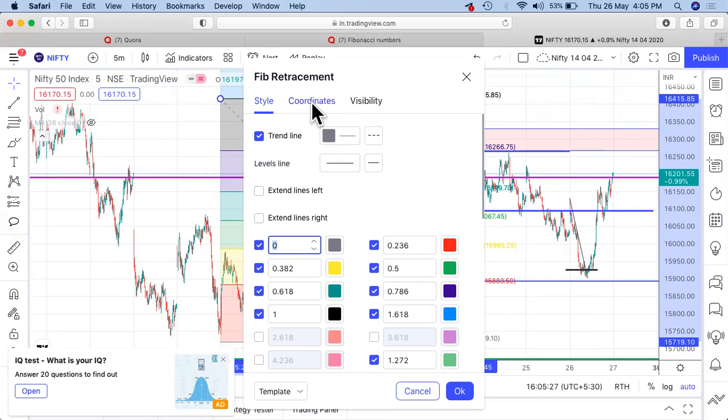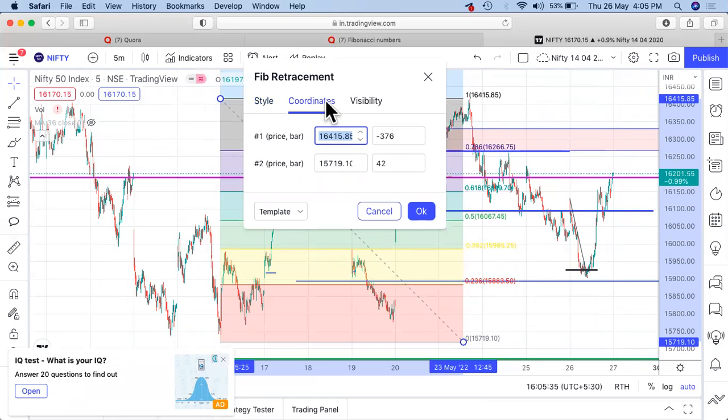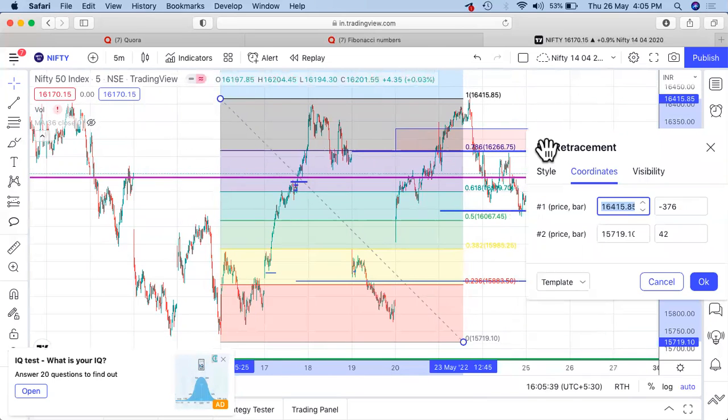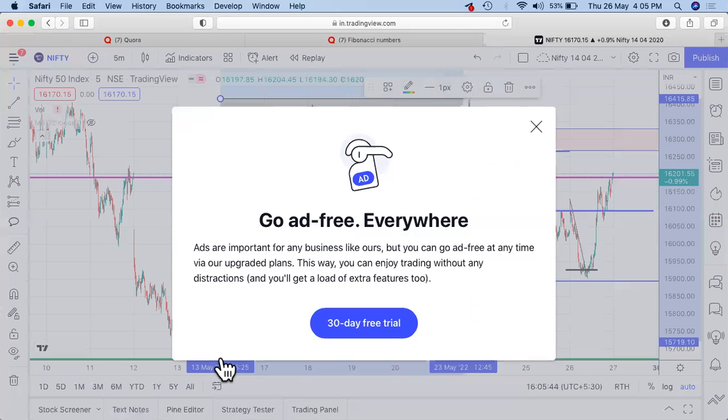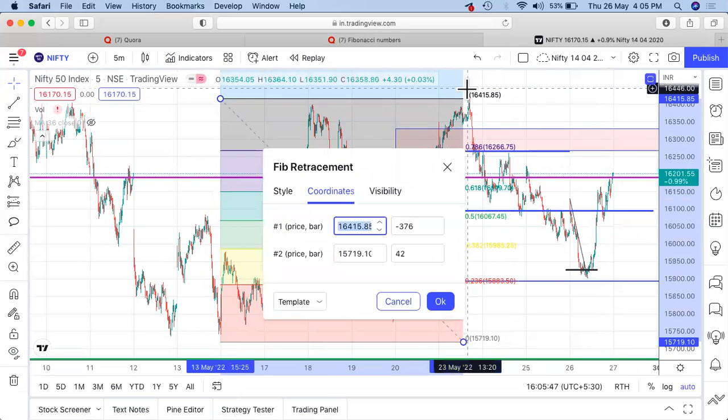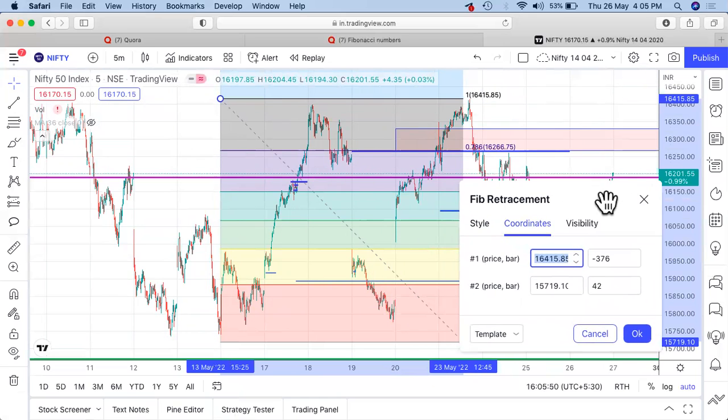Now let's first of all arrange the coordinates so that after that we'll be able to go towards the ratios as well as extensions. I'll just move it across over here.